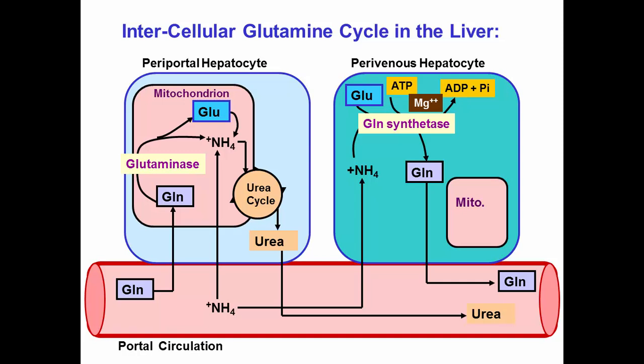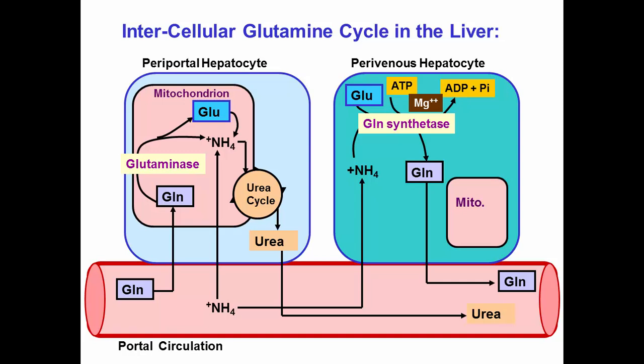So any ammonia that escapes the urea cycle, coming in from the gut through the portal circulation or whatever, will be avidly taken up by the paravenous hepatocytes to protect the body from ammonia. Again, thinking about why this is important, we don't want ammonia circulating, right?